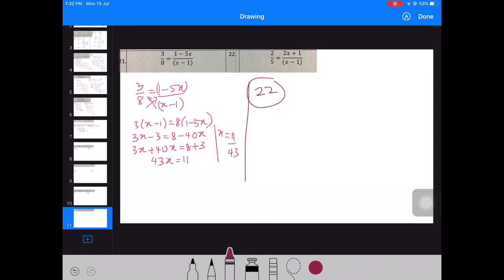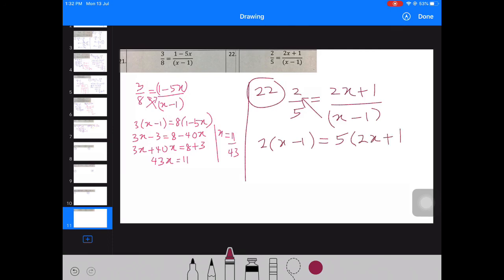Okay. So same as number 21. We have 2 over 5 equals to 2x plus 1 over x minus 1. So the denominator x minus 1, you just cross multiply over that side. So it's 2 times x minus 1 equals to 5 times 2x plus 1.